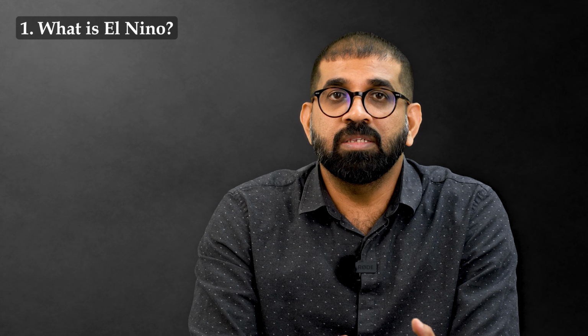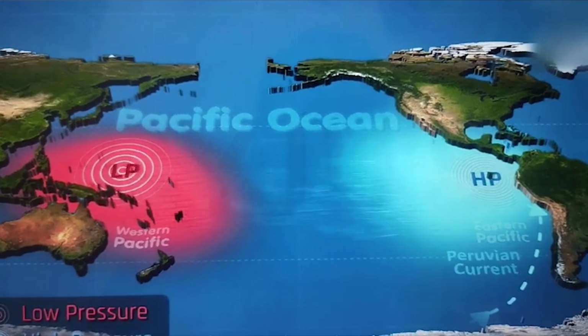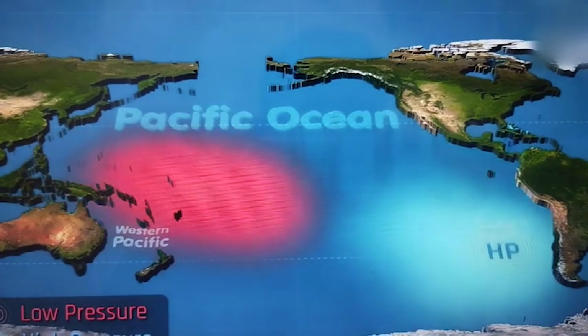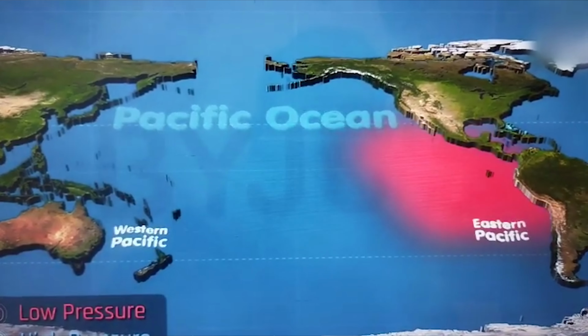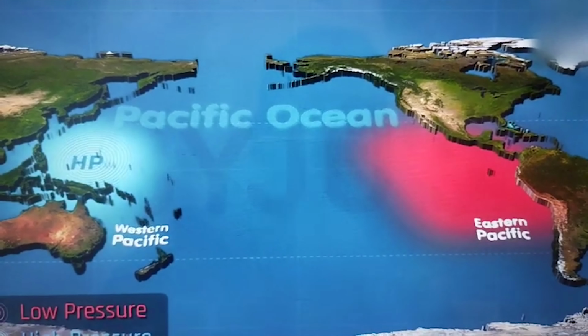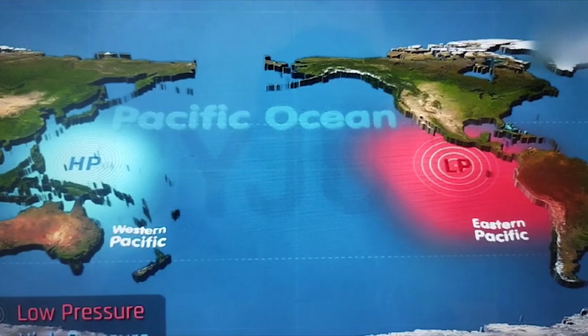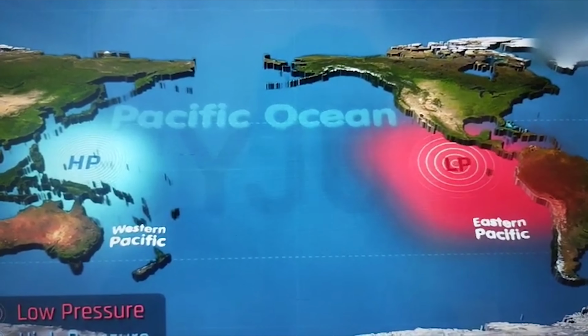Due to some reasons not yet entirely unraveled by the science, these trade winds can unexpectedly weaken. This change causes the warm water that normally pools near Asia to shift back towards the east, towards the central and eastern Pacific. The movement of this warm water suppresses the upwelling of cold, nutrient-rich water along the South American coast.